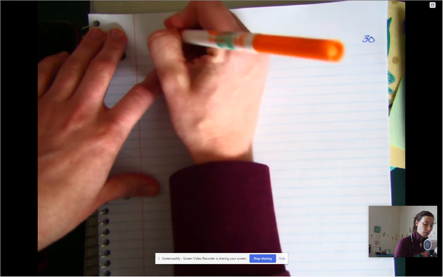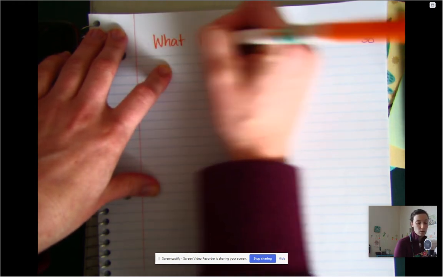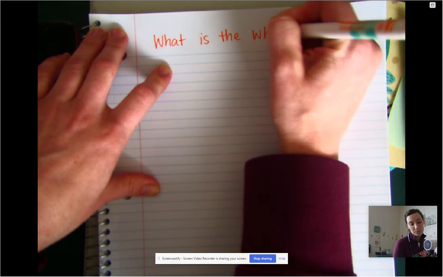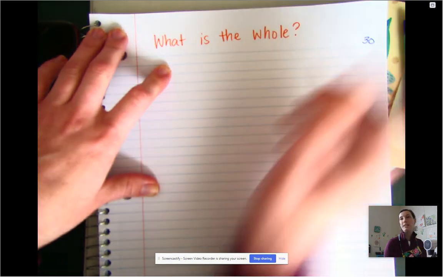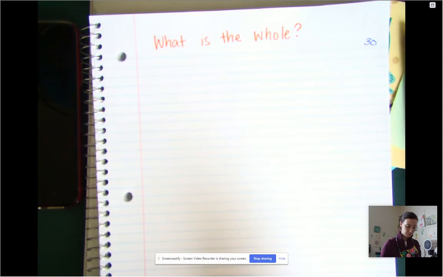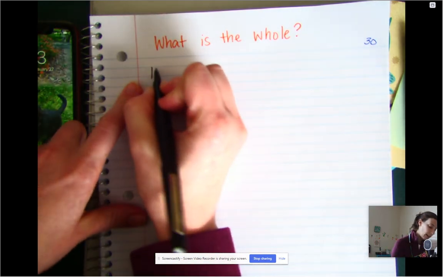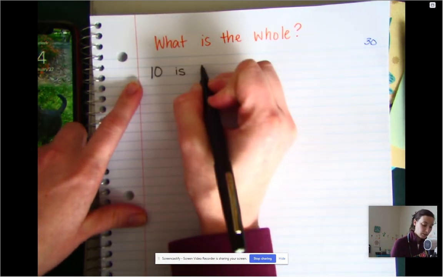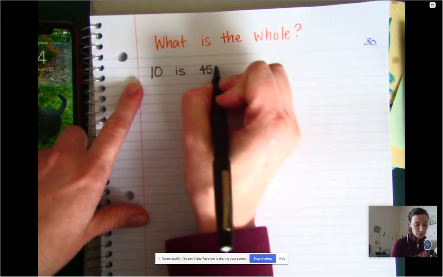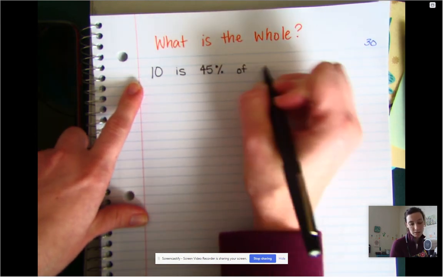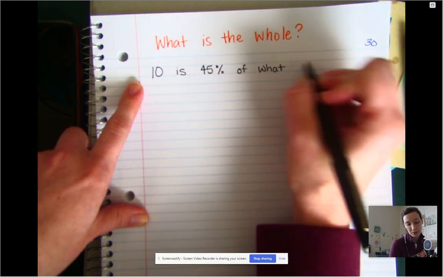Sometimes, though, we have an opposite problem where we want to know what is the whole. So in this case, the question will be worded something like this. It'll say like 10 is 45% of what number?